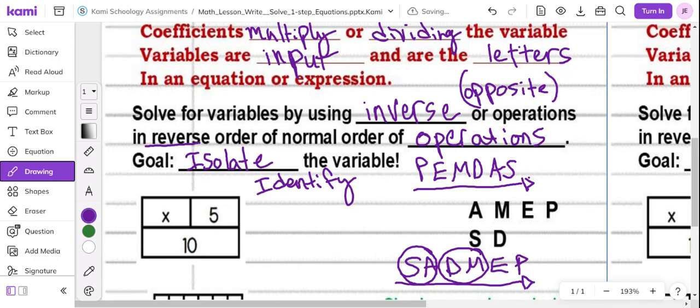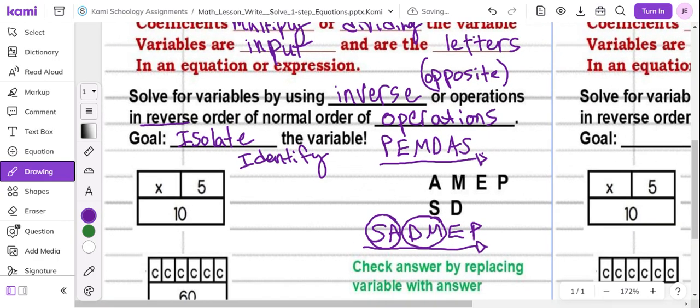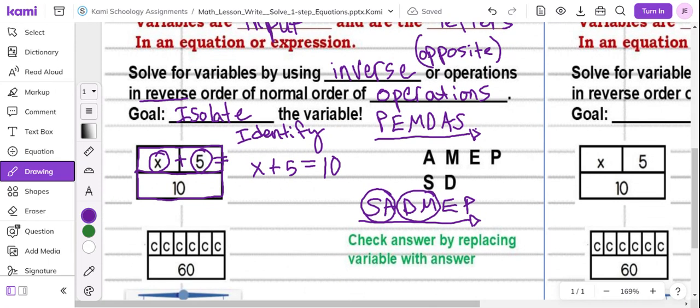All right, so let's take a look at the first example. The first example should look like a part-part total model from 3rd grade and 4th grade. So we have x and 5 equal to what? X and 5 is the same length as 10, so we could write an equation x plus 5 equals 10. The strategy I'm going to teach is find your variable term, and then circle it.